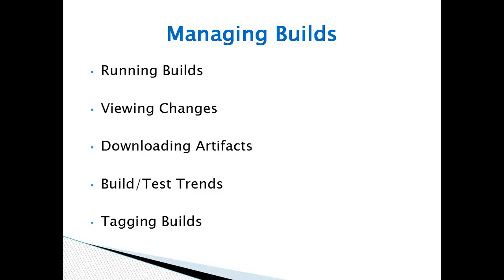This tagging of the builds can be done from the dashboard automatically. If this is the release build, tag this build, and it will internally create the tag in Subversion, so that it can be used later.